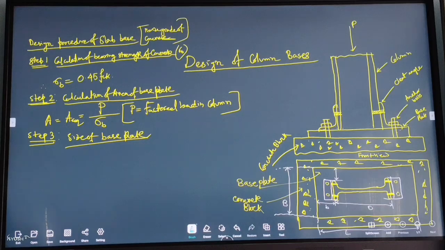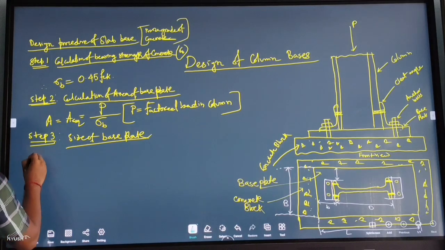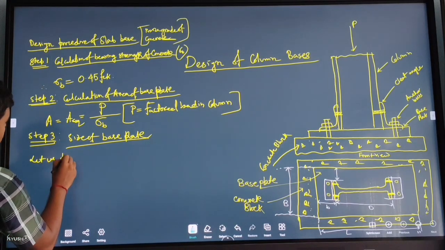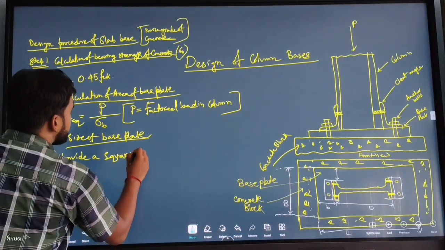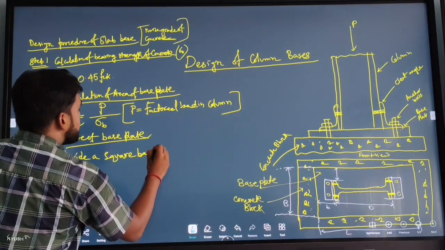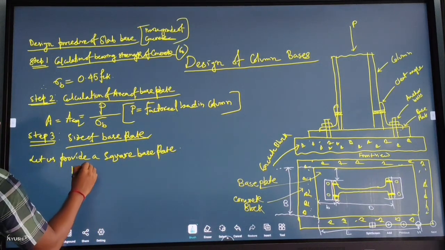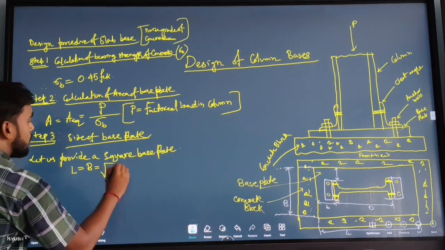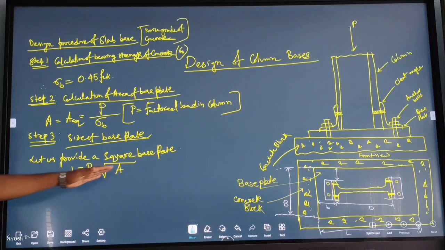In our first consideration, we provide a square base plate. Then A is equal to B is equal to how much? Root over of A, nothing but A square is equal to area. So A is equal to B is equal to root over of A. Very simple.